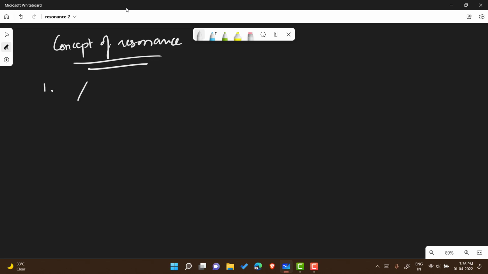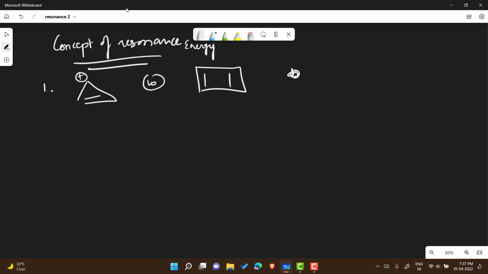So if you have a compound like this in front of you, and they ask you which one has more resonance energy: resonance energy is basically the difference between the energy of the resonance hybrid structure and the most stable resonating structure.